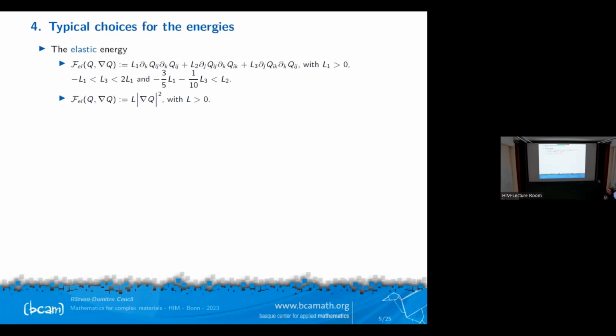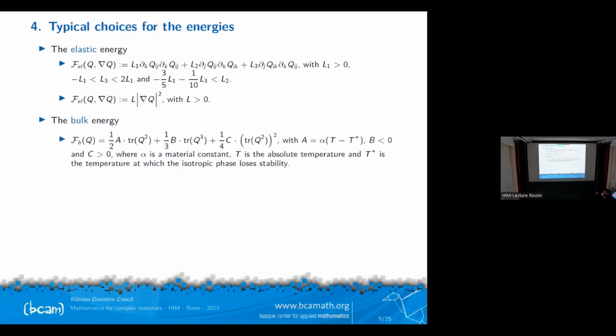And then, of course, we have the more simpler format in which we only use the gradient of Q squared, the one constant approximation. Now, for the bulk energy, I would like to stop at the typical choice from the Landau-de Gennes, in which we have a quartic polynomial in Q, in which the coefficients that we have depend on the material that we have chosen.